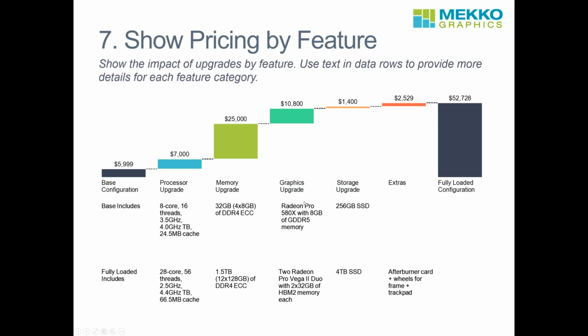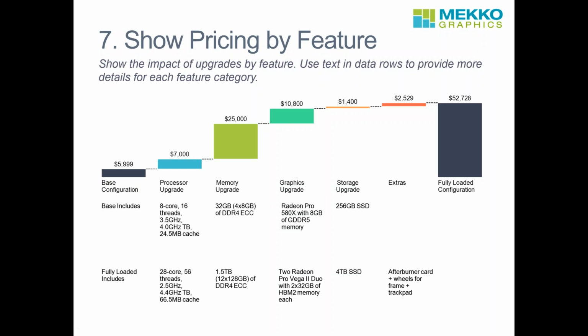A couple of things I did with this chart. One is I added data rows to the bottom of the chart. One of the nice things about the data rows is they don't have to have numbers in them. So my headings here are base includes and fully loaded includes, and then I've got text in my data rows. So I split up my whole chart area.